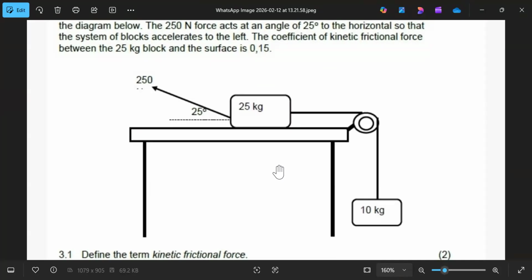So the tension force on the 25 kg block is to the right. But what about for the 10 kg block? Now this 25 kg block is pulling the 10 kg block upwards. So the tension force is going upwards on the 10 kg block. So that's very important for you to realize.